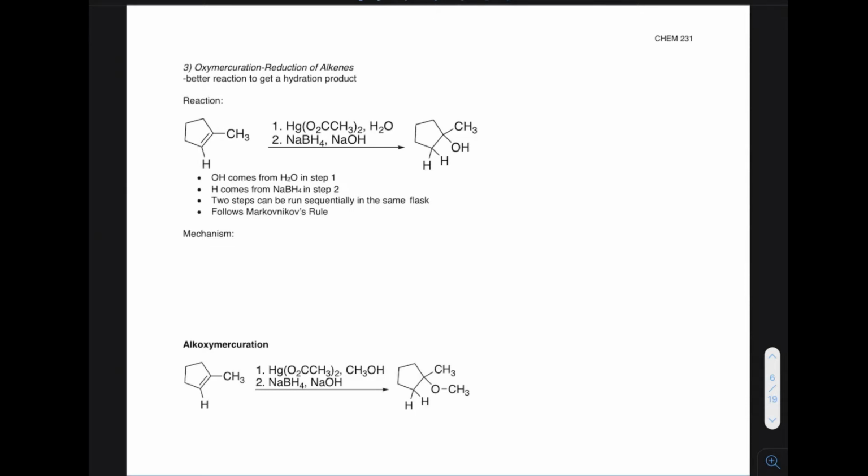So the first thing I'll say here is that this mercuric acetate, you'll also see it in your book written like this, right? And what this molecule actually looks like, just so you know, is something like this.